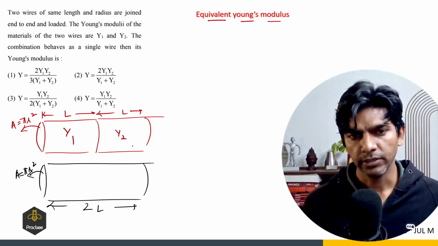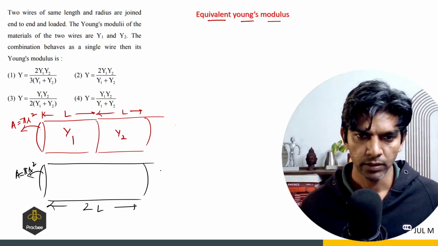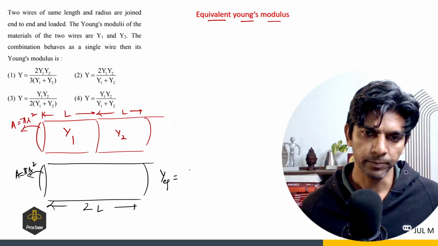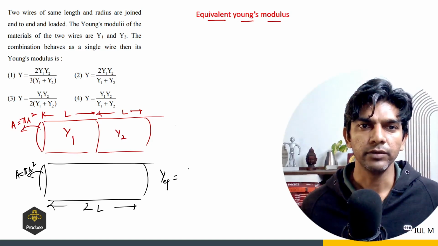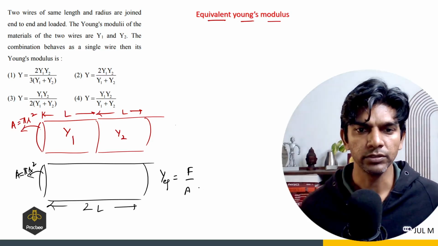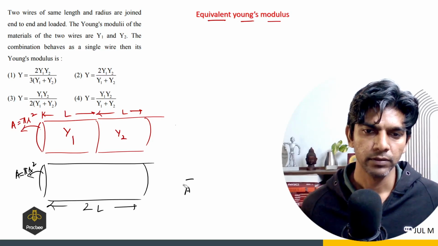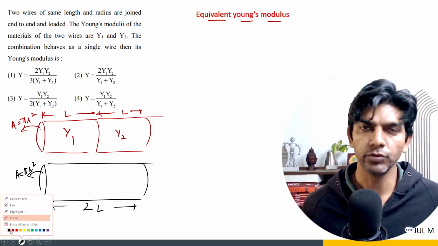So what we can say, y equivalent will be, and we are exerting some force, so F upon A and the elongation. Okay, right, so let us first find the elongation, right? So I'm assuming the same elongation in both the cases.